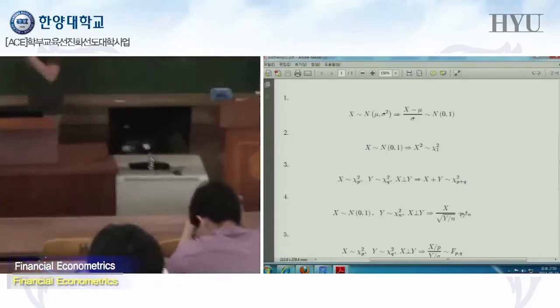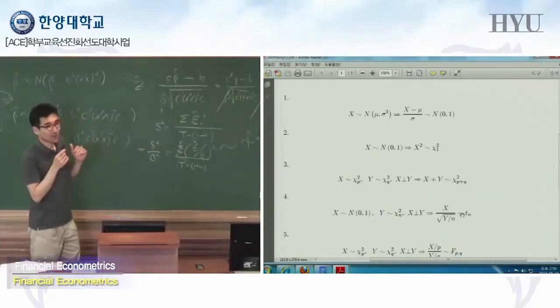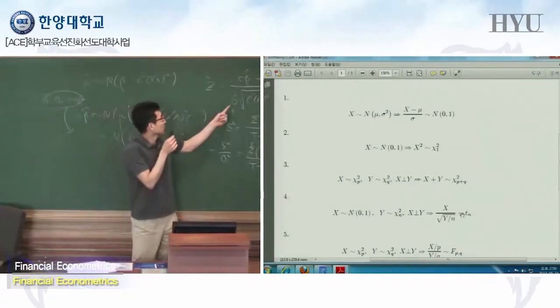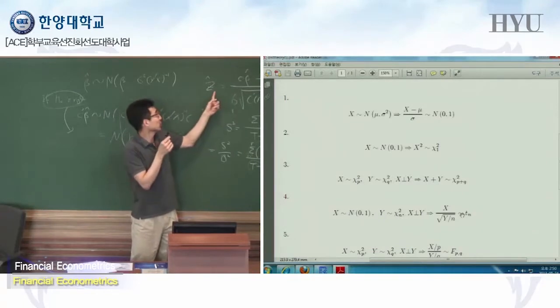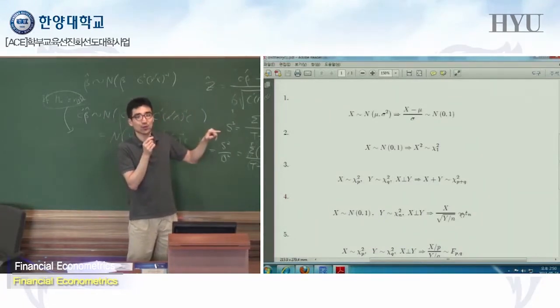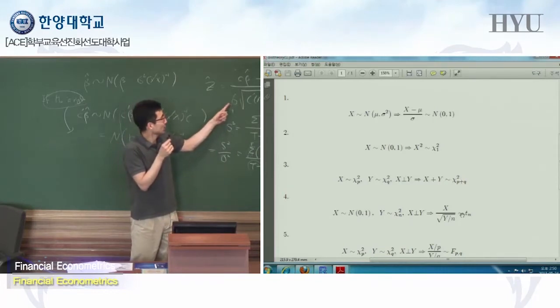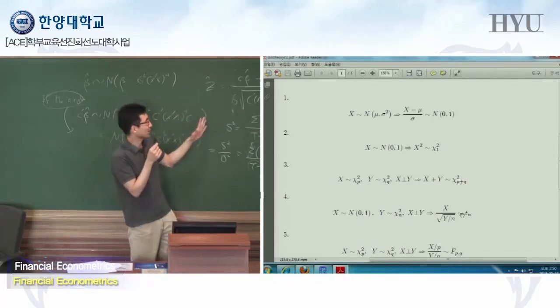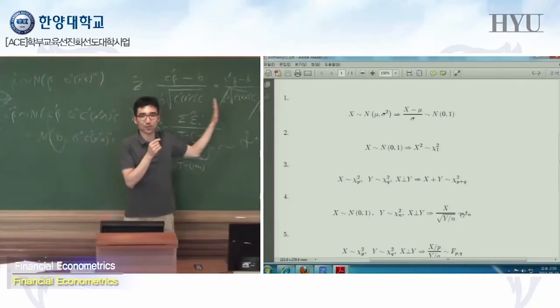In order to prevent digression in the class, I simply changed sigma to S and changed the normal distribution into the t distribution. But when I changed sigma to S, what I implicitly did is this operation.